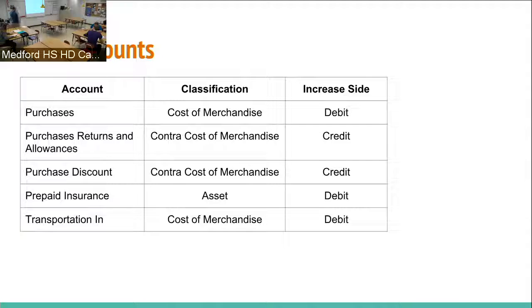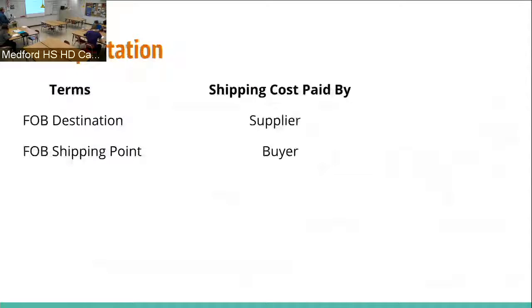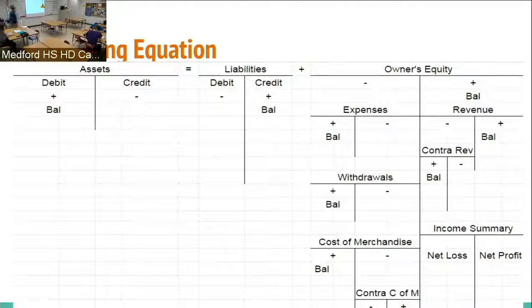All right, purchases now falls in the cost of merchandise category, which is under the owner's equity category. So we're adding a cost of merchandise category to our accounting equation.